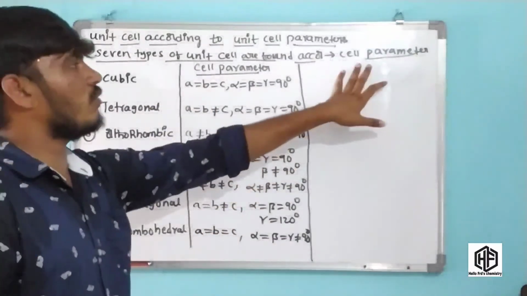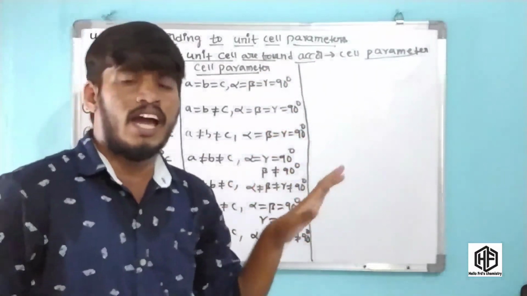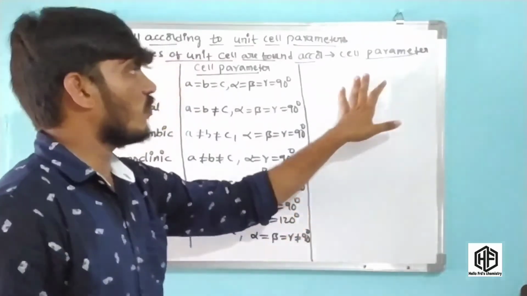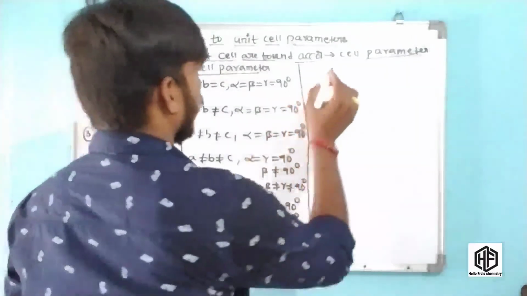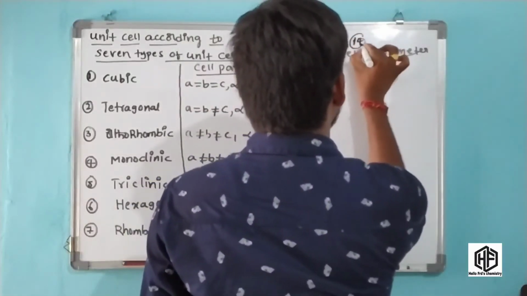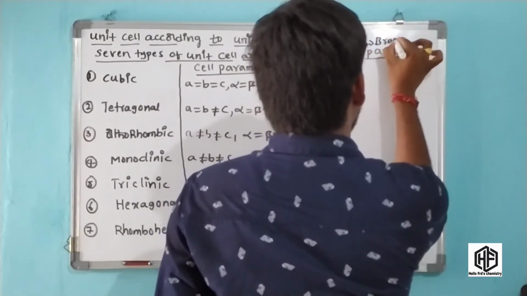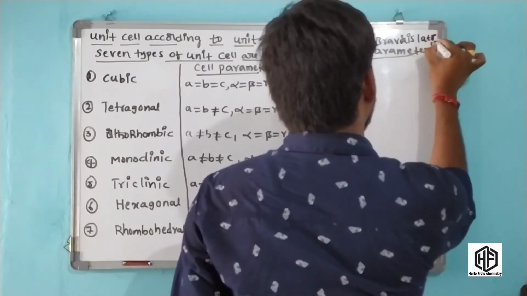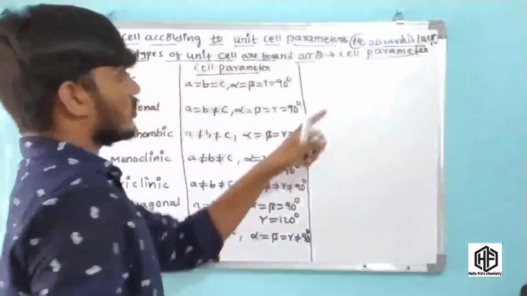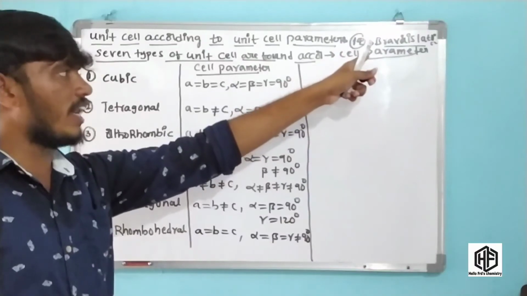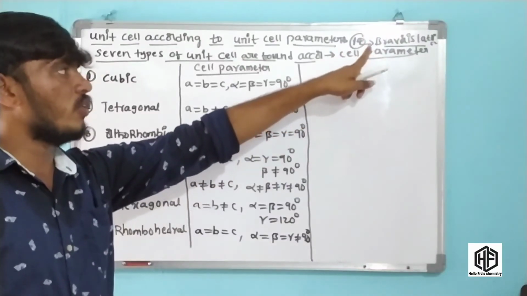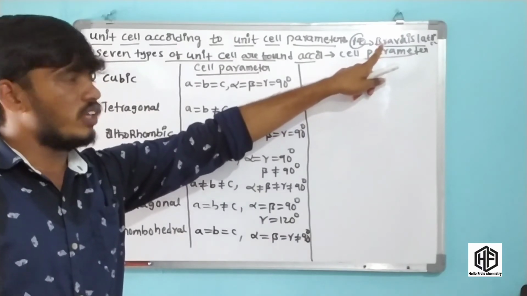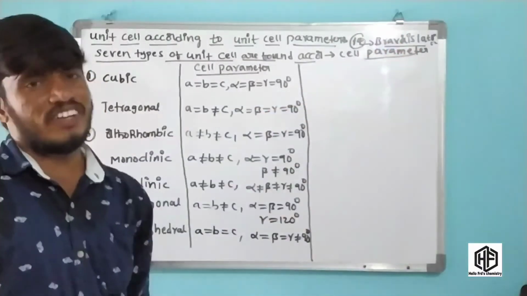According to cell parameters and atom arrangement, experimentally unit cells are classified into 14 categories, also called Bravais lattices.